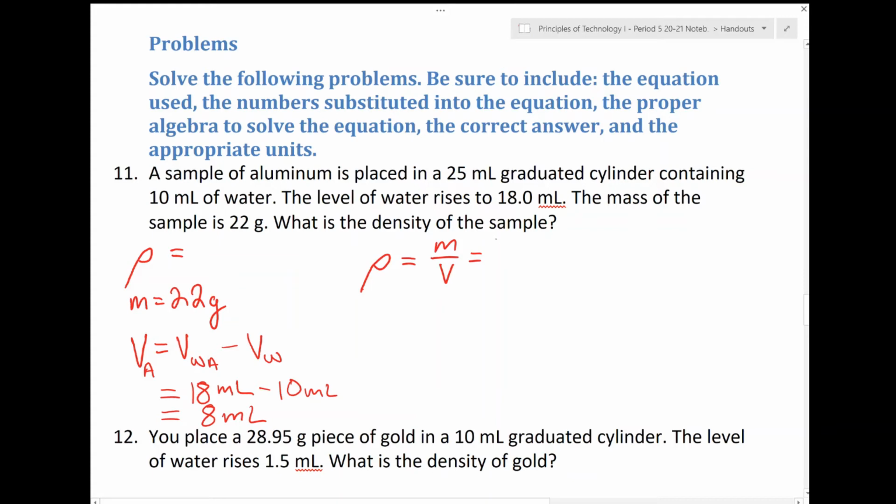The mass is 22 grams. We're dividing it by a volume of 8 milliliters. And when we calculate that, 22 divided by 8 gives us 2.75 grams per milliliter.